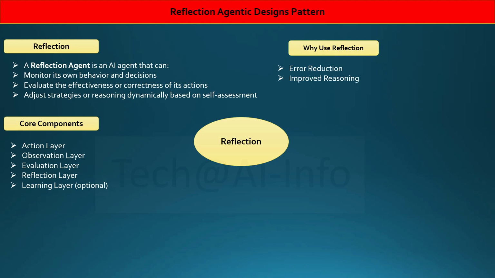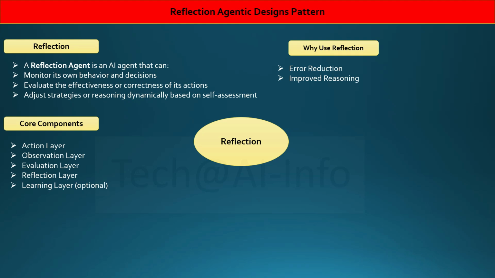The second one is improved reasoning, which means smarter problem solving. What happens without reflection? The agent follows a fixed reasoning path. If a strategy is wrong, the outcome is poor. No opportunity to adjust midway.